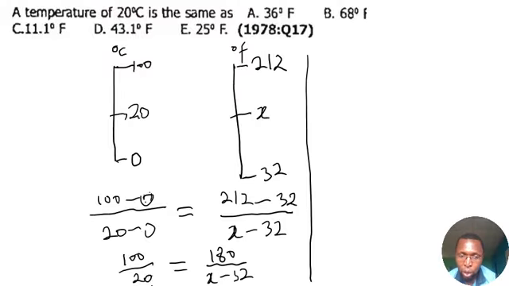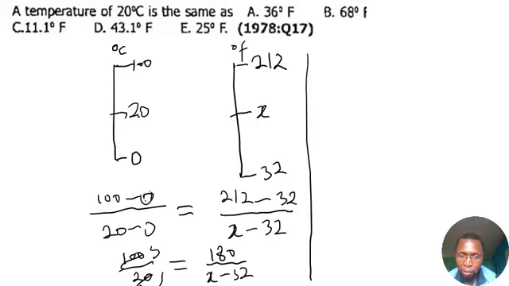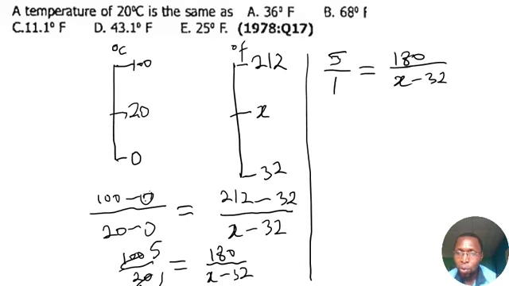Dividing, 20 in 100 is 5, so on the left-hand side we have 5 over 1, equal to 180 over x minus 32 on the right-hand side. Now when you cross multiply, you have 5 times (x minus 32) equal to 1 times 180, which is 180.